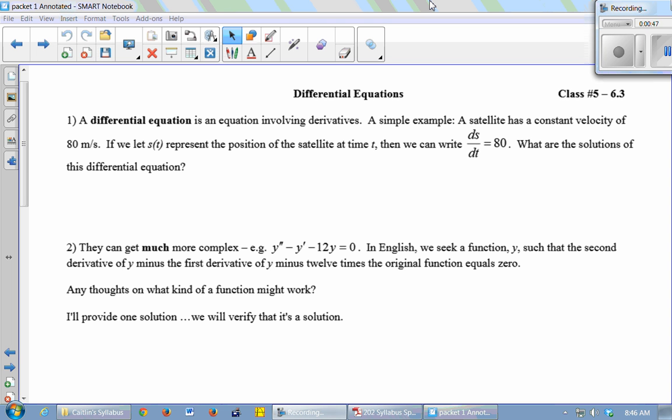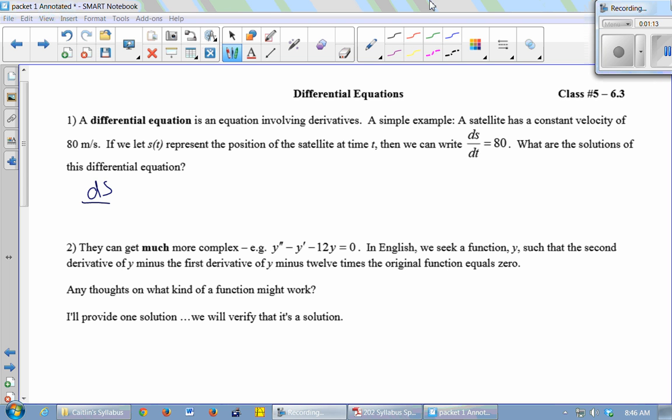So what would a solution to this differential equation look like? What kind of function has as its derivative 80? A linear function, yeah. So this would be 80t plus c, right?